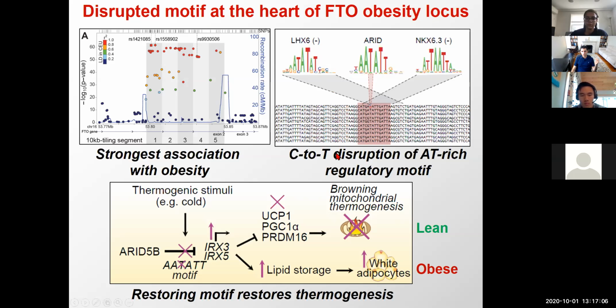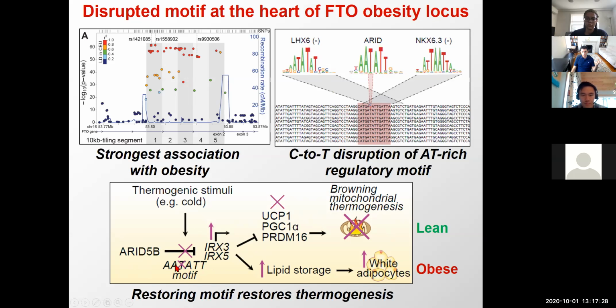And that is actually at the core of new circuitry that we uncovered in that paper that basically shows that there's this AT-rich interacting domain factor that normally binds that motif to repress these genes. When that T is changed into a C for the obesity risk individuals, the repressor can no longer bind.